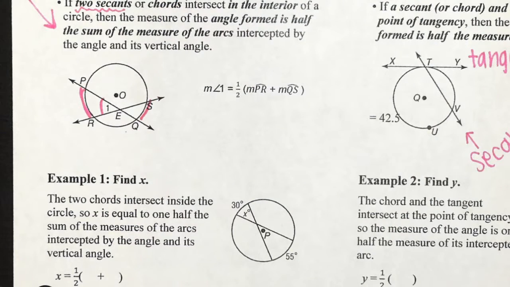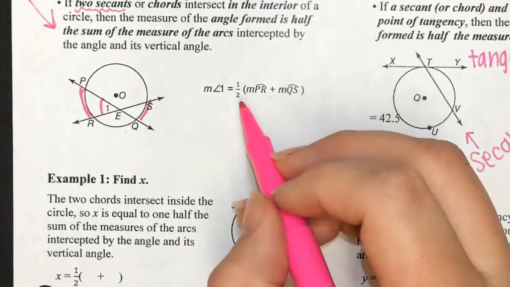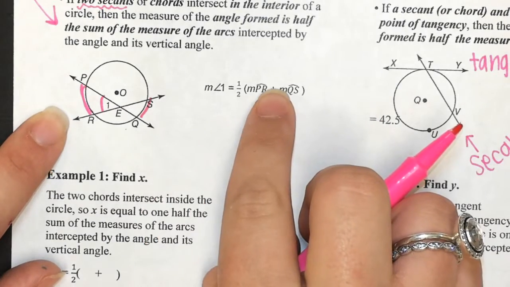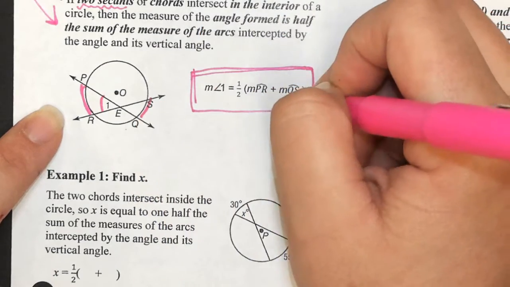Formulas. Just got to know them. They're the same, you just have to know which situation to use them. So right here, these inside angles can be found by taking these two outside arcs, adding them, and dividing them by 2. So, formula number 1, box it.